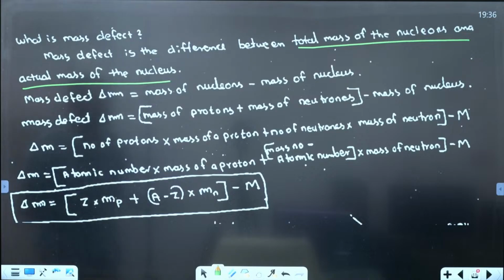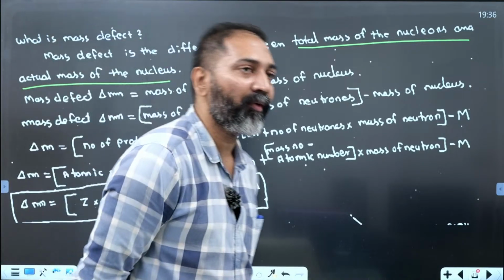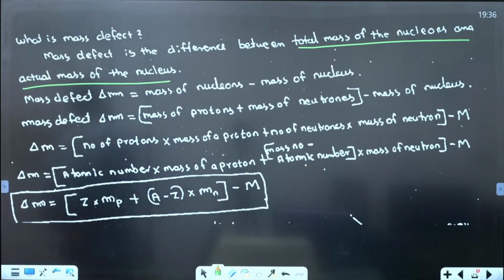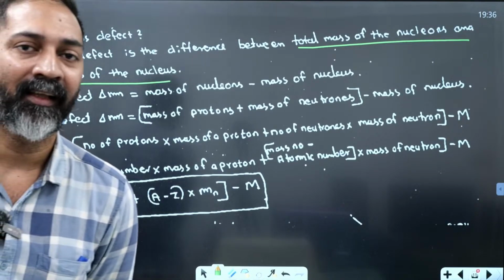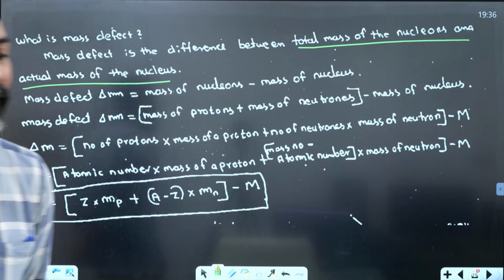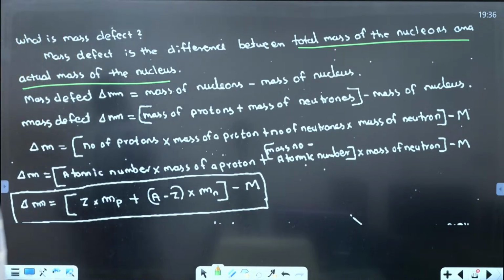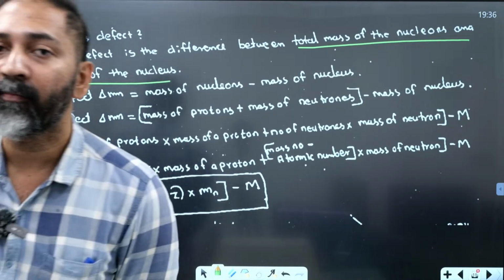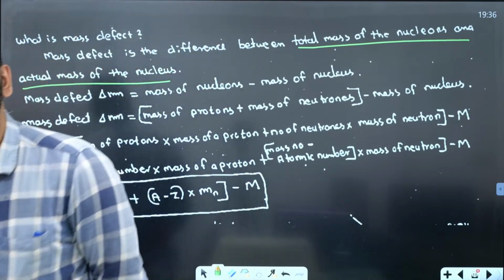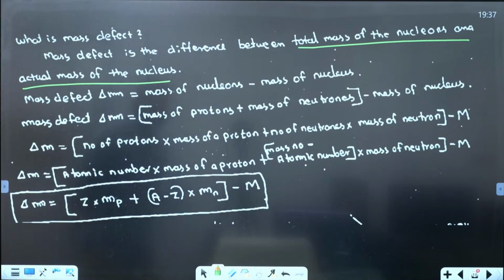But practically, when you weigh, the mass of nucleons will be slightly higher than the mass of the nucleus. Why is there a difference? Due to mass defect, some mass has been converted to energy. So remember, the mass of nucleons is slightly higher than the mass of the nucleus.